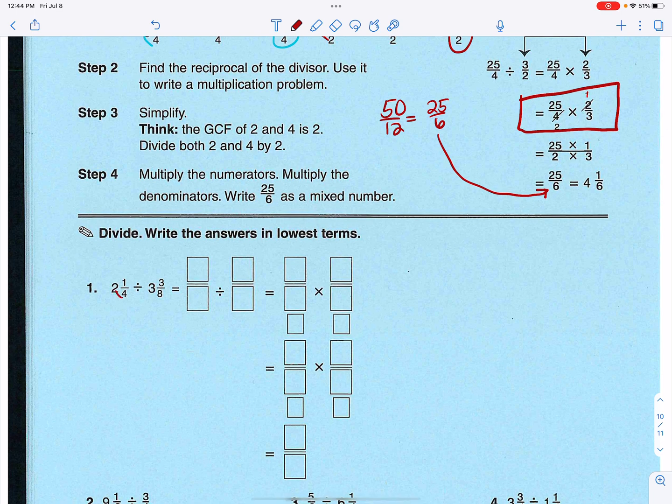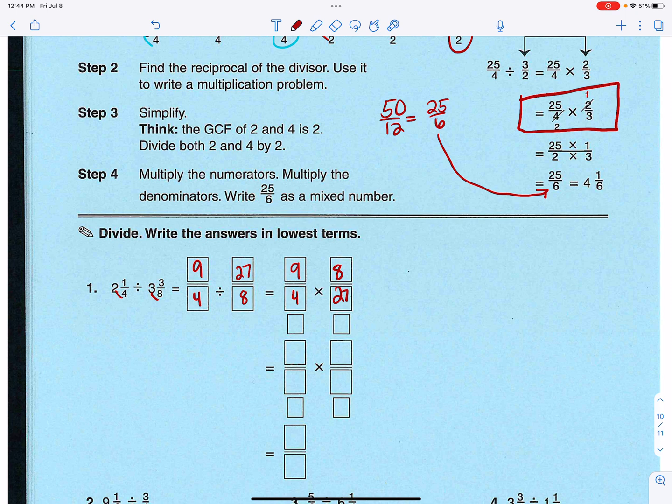Okay, so we're going to look at example 1 here. On example 1, 8 plus 1 is 9, so this is 9 fourths. 24 plus 3 is 27, so 27 eighths. Okay, so if I look at this, I'm going to multiply by the reciprocal. Now, those are pretty big numbers.